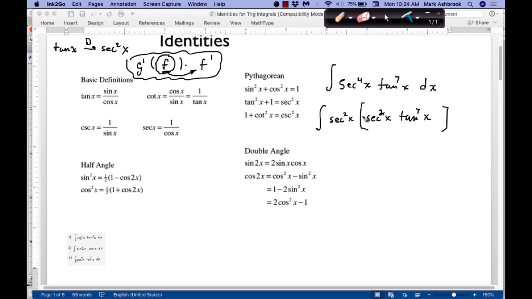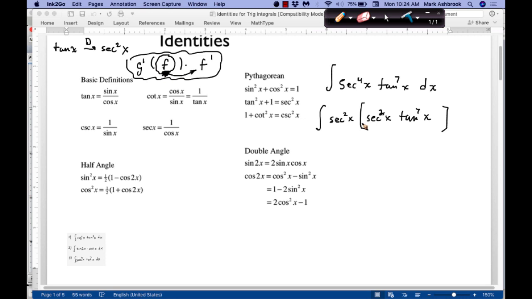Everything in those brackets has to be something to do with tangent, right? Because tangent's derivative is secant squared. So this interior for our chain rule has to be all tangents. So if we can get all tangents and then secant squared there, then we're getting it ready for undoing the chain rule. Do you see it?